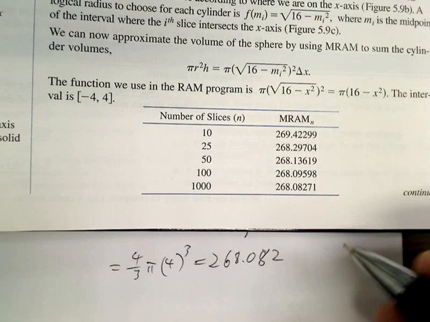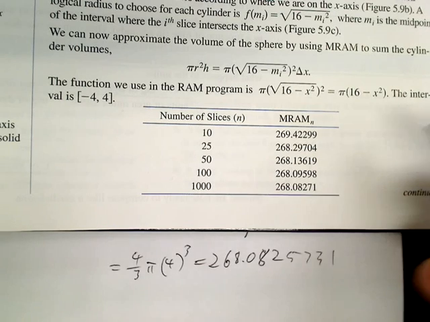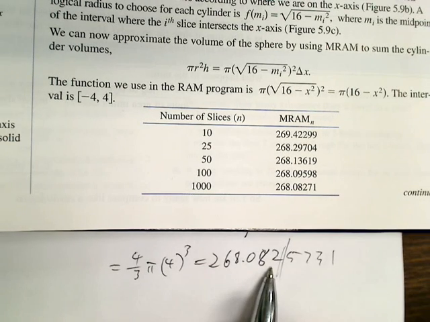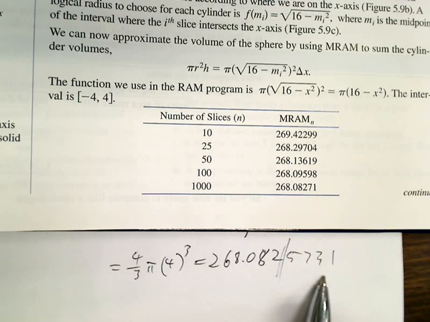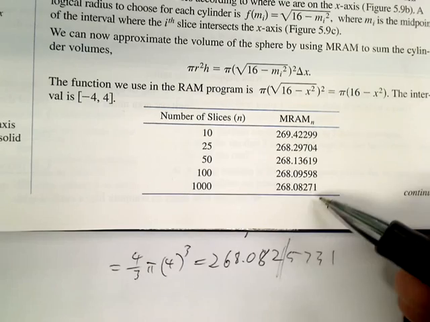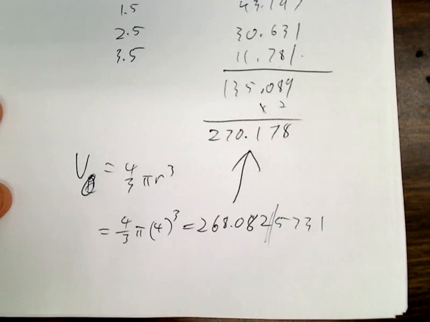Let me write down the rest, 25731. So 1,000 slices is accurate to right there, to as much as I've written before. Okay, and some additional digits here that we don't see. I don't know how close that got there beyond that, but I guess it doesn't matter. It's off right here. So it's accurate to 3 decimals. Anywho, now I'm rambling. So that was example 3, a little bit of insight into that.